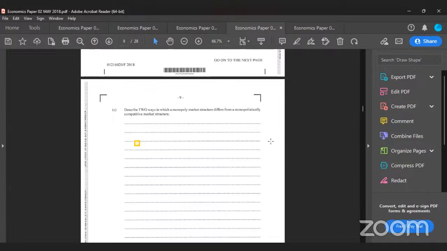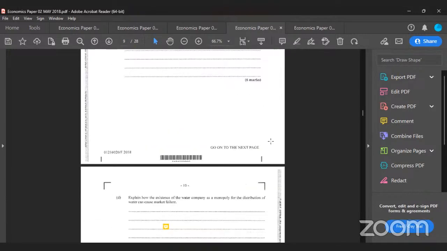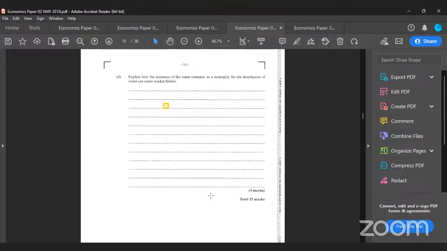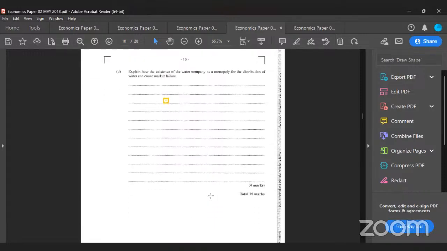Now, Part D asks us, explain how the existence of a water company as a monopoly for distribution of water can cause market failure. So basically, this question is asking us how do monopolies cause market failure? And we know that monopolies cause market failure because they use their command over the market, because they're the only firm, to restrict quantity and increase price.